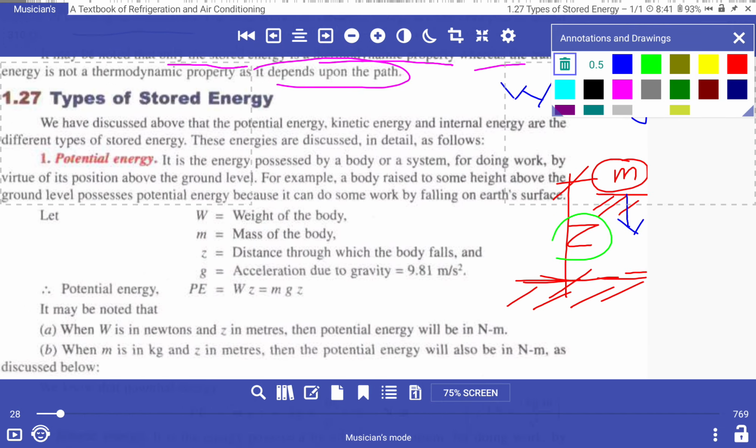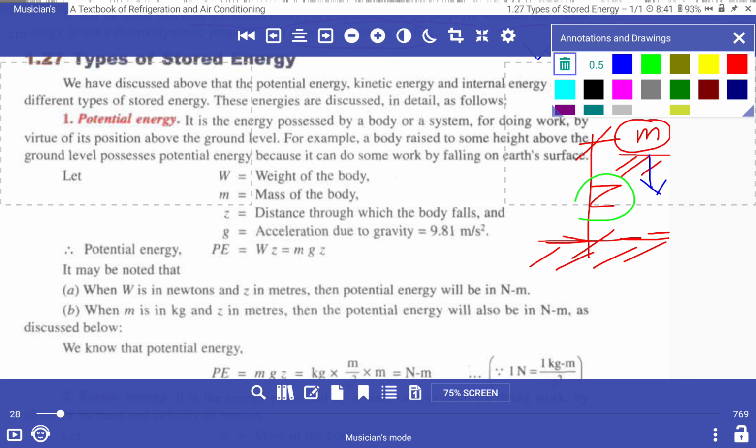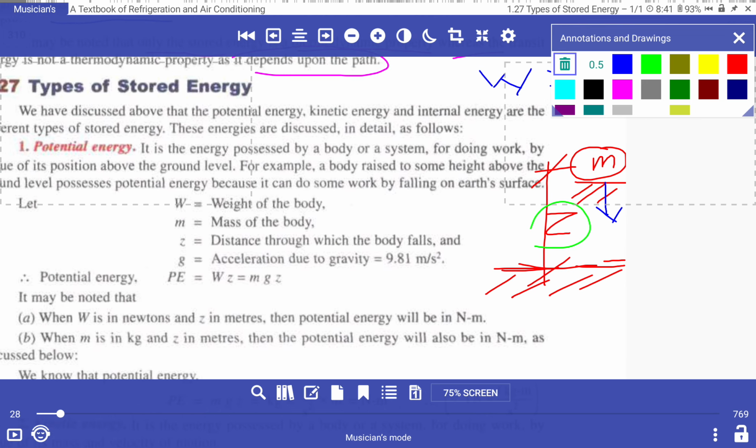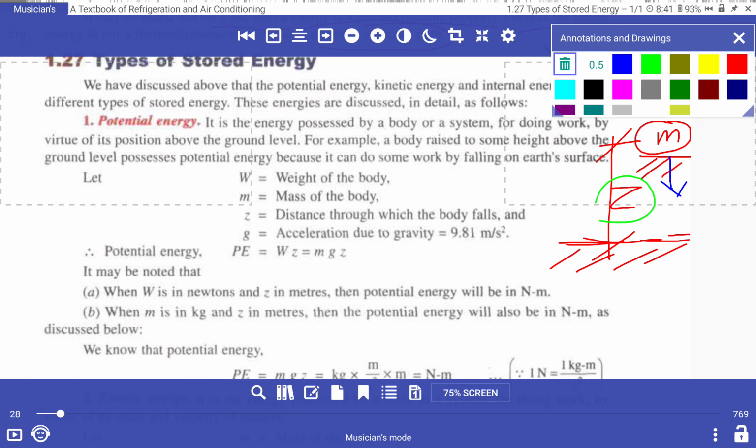Your potential energy PE is equal to weight times Z, and your weight is M times G, so therefore your potential energy is M times G times Z. Your G is acceleration due to gravity, that is 9.81 meter per second square for SI, and 32.2 feet per second square in English system or engineering system.